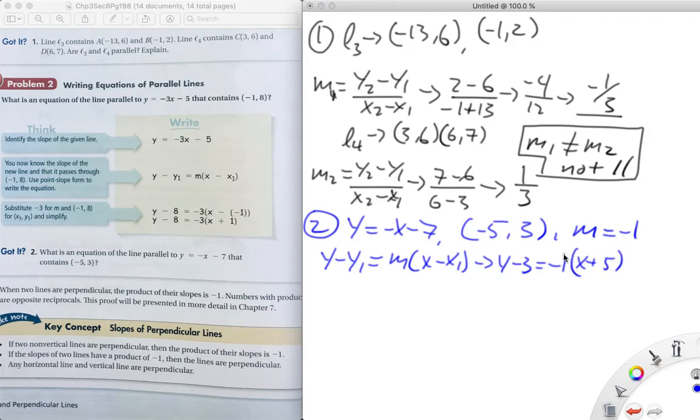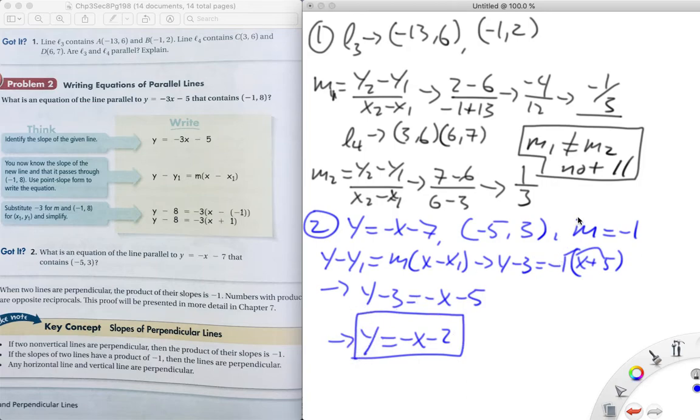I'm going to distribute the negative 1, and that gives me y minus 3 equals negative x minus 5. I'm going to add 3 on both sides, and that gives me y equals negative x minus 2. This is my equation of a line that's parallel to this equation and goes through that point.